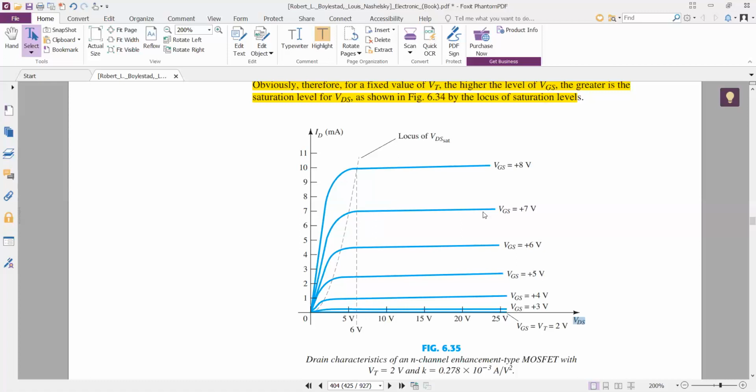So the trend is that as we fix the gate to source voltage, increasing the value of drain to source voltage will increase the value of drain to source current, but a time will come when further increase in drain to source voltage will not result in an increase of drain to source current, and that point is called the saturation point.